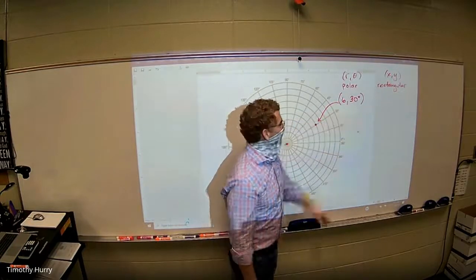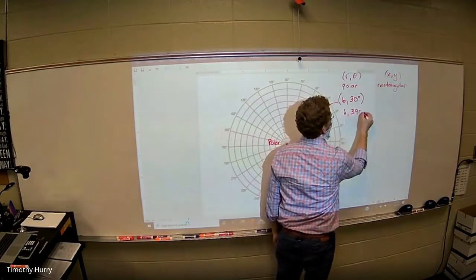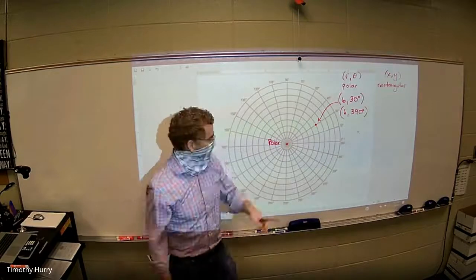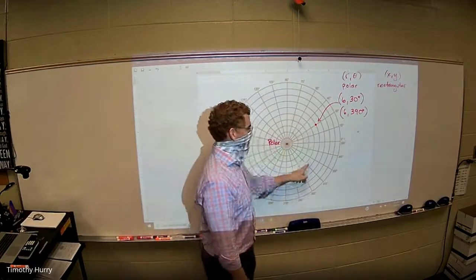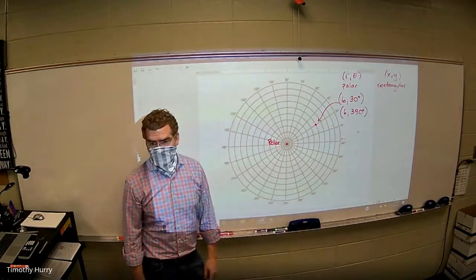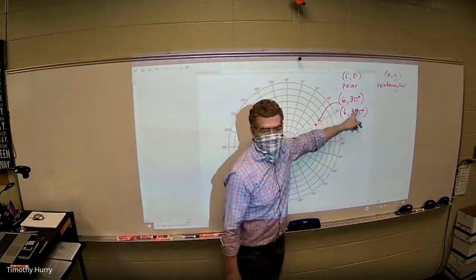For example, I could say (6, 390 degrees). I still end up in the same place, don't I? Because I'm going around 360 and 30 more, still out 6. You with me? So there's an infinite number that I could do by just adding and subtracting 360.